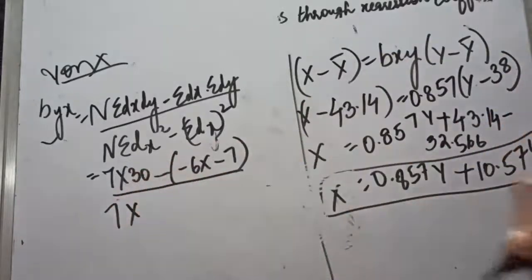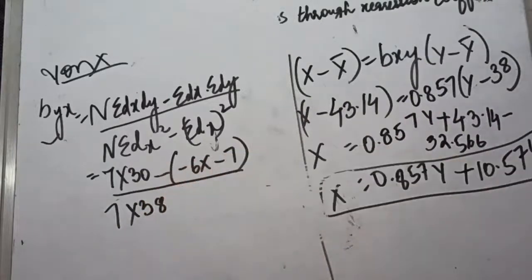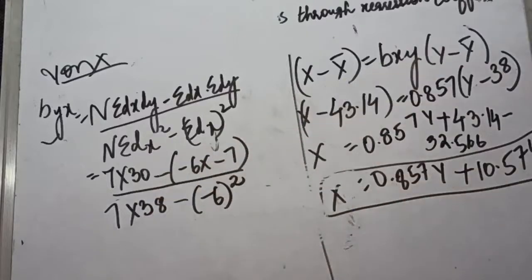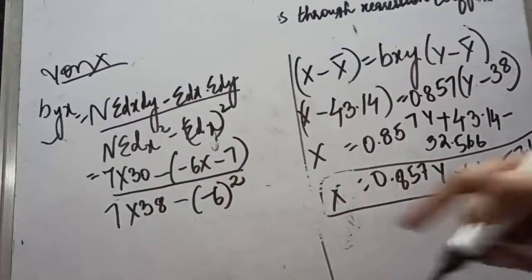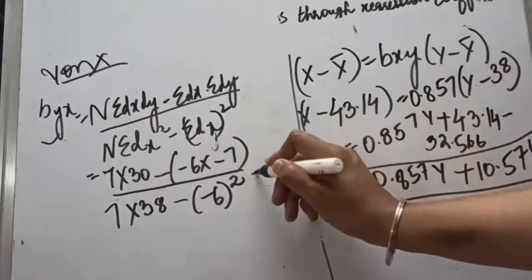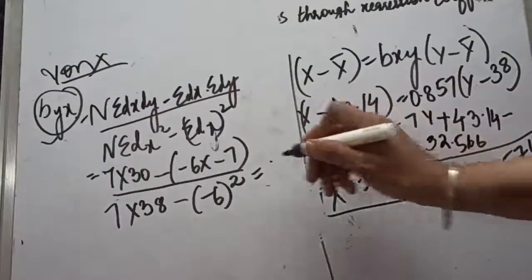So 7 into sigma dx square, from our table it is 38, minus 6 square. You can solve this. Above it will be 168, below 230. So finally the answer for the second regression coefficient will be 0.730.